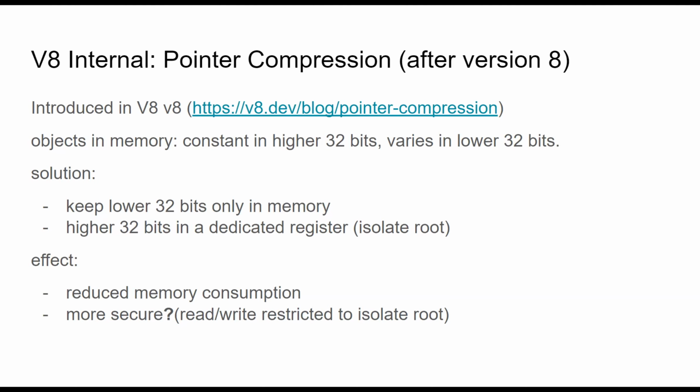So even if we have arbitrary read or write on the memory, and we manage to overwrite this pointer and dereference it, we cannot manipulate the higher 32 bits, which means our arbitrary read or write will be restrained in this isolate root space. But this is not actually very secure. It doesn't matter, we will see later.